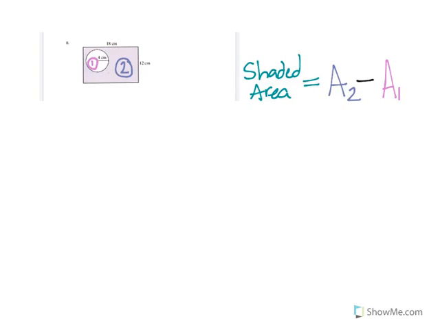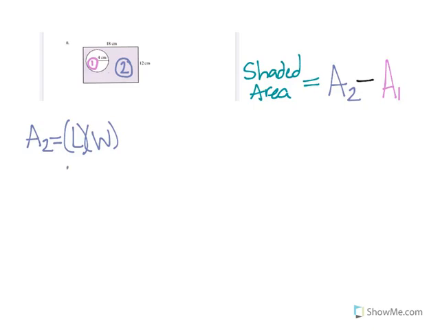So if we figure out what the second area is first, let's do that. So we've got the second area is a rectangle, so formula is length times width, or base times height, whatever you want to use, same thing.